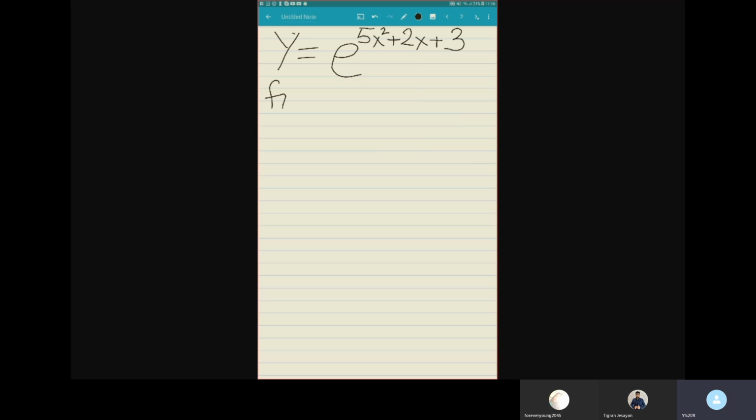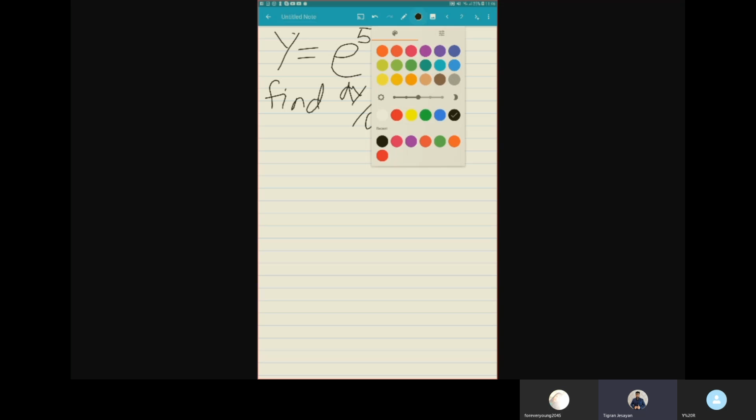Okay, find dy over dx. The answer is e to the power 5... It's like that, it is written already. So this is the question. So y is given by this equation. And the answer is the formula you just gave, I think.